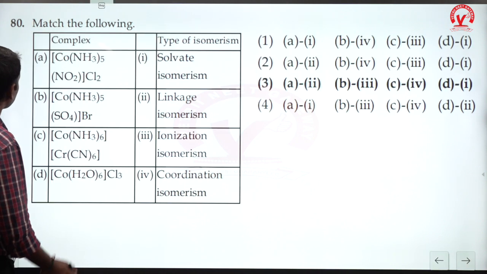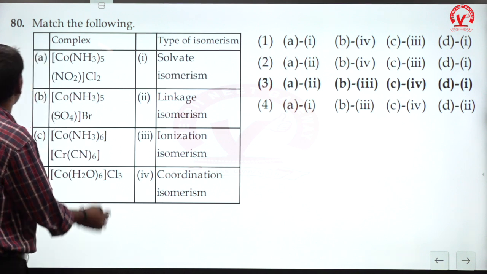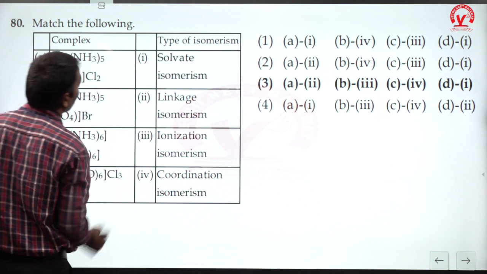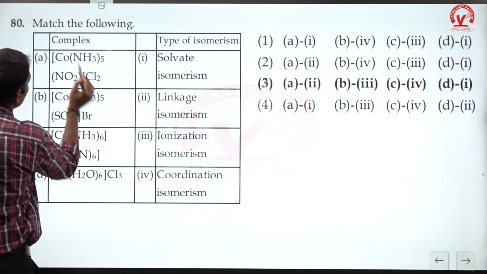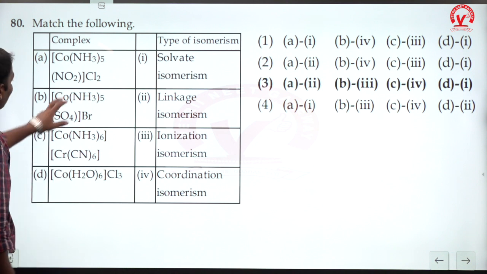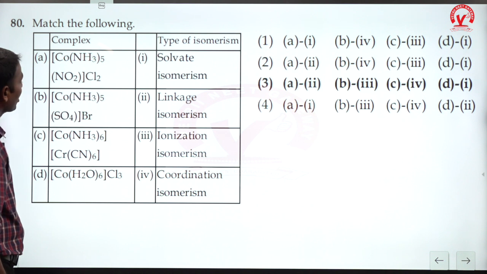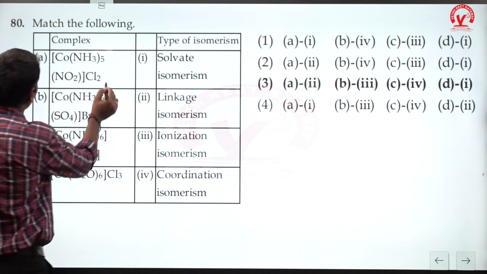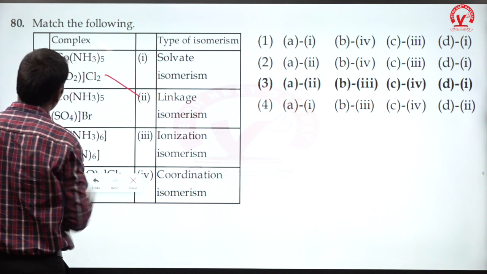Question number 80, a coordination chemistry question. Good question they gave here: complex and its type of isomerism. Co(NH3)5(NO2)Cl2, here we are observing the exchange of linkage of NO2, linkage isomerism. A is 2.